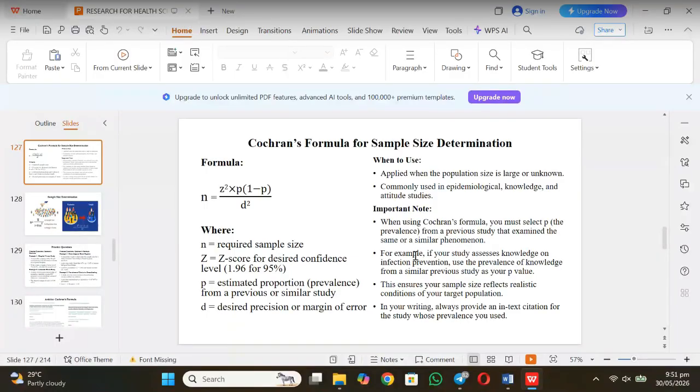Good. So you get 2.33 squared multiplied by 0.75 into bracket 1 minus 0.75. Then you close the bracket. That is for the top. Then the bottom one will be 0.02 raised to the power 2. That is 0.02 squared. So someone should do the computation and give me the answer.